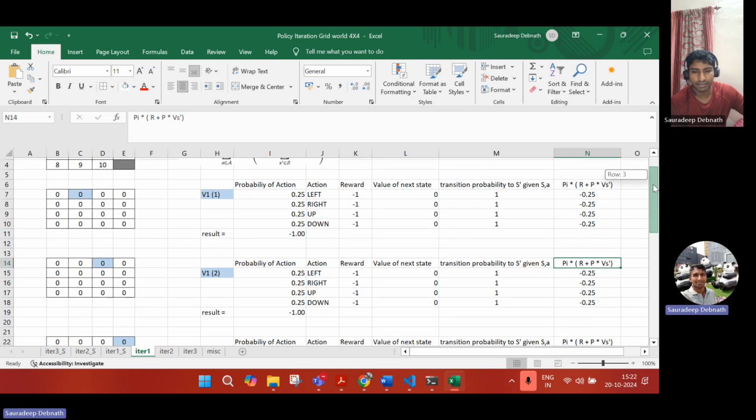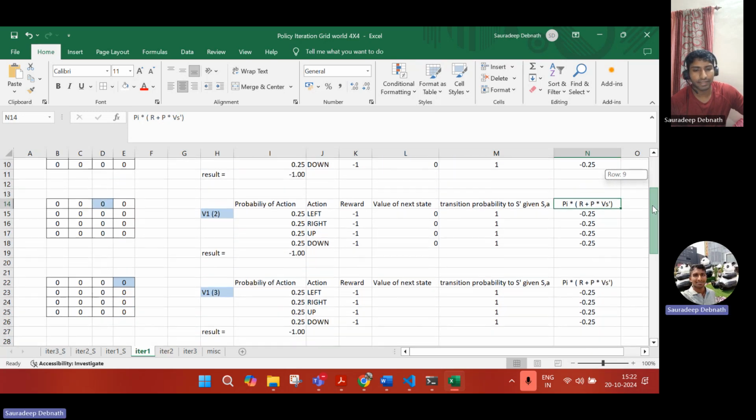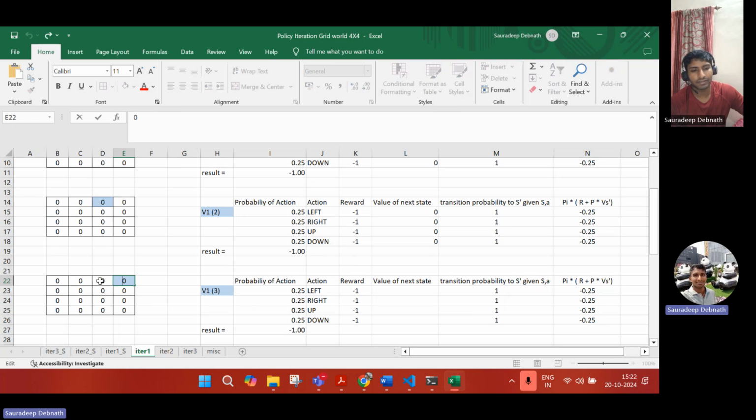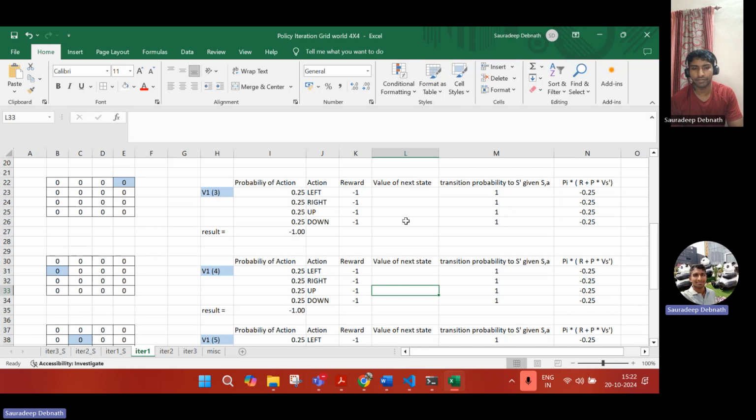And then same with this. This is cell 3. If I go to left, value 0. If I go to bottom, value 0. If I try to go up or right, I stay in the same state, and the value is 0. So I'll just put the value 0 everywhere, and then we'll try to match it with the results from the book.